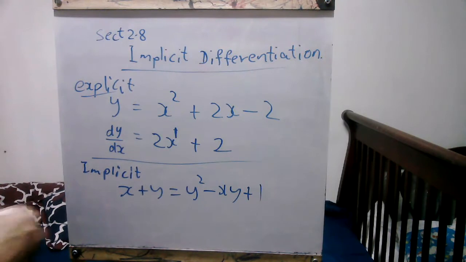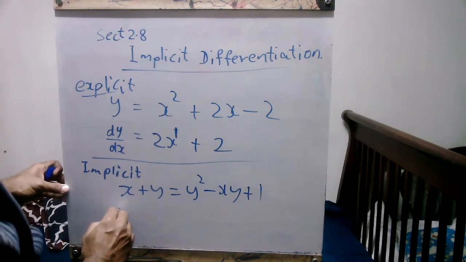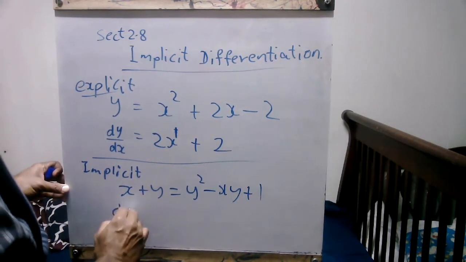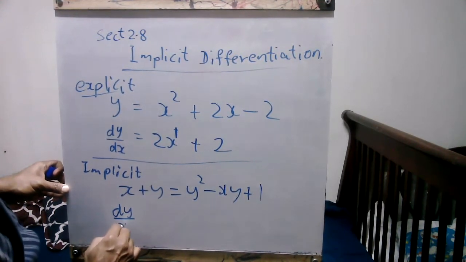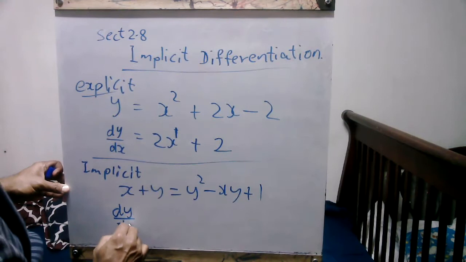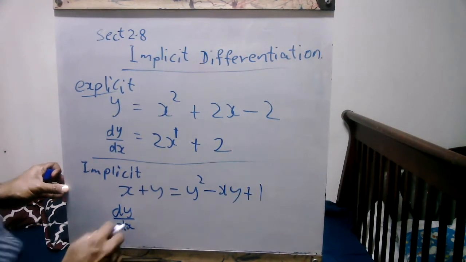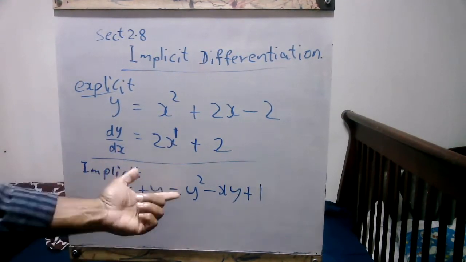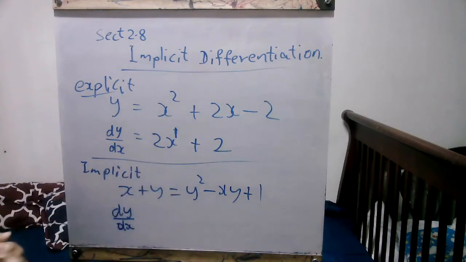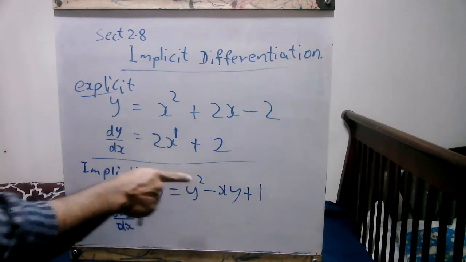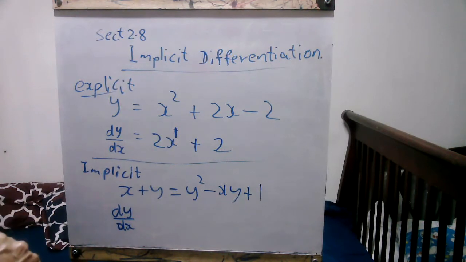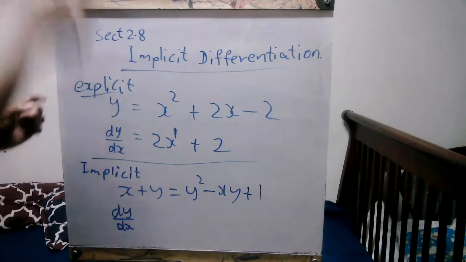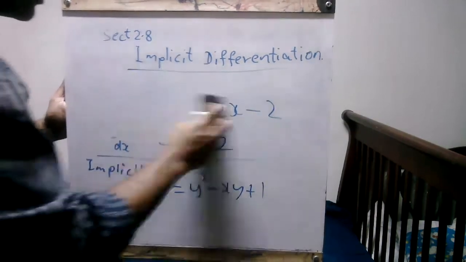Now if we want to find dy/dx, the derivative of y with respect to x, can we solve this for y? We cannot, but still we can differentiate this, right? Let's see how. Explicit, we know how to do it.